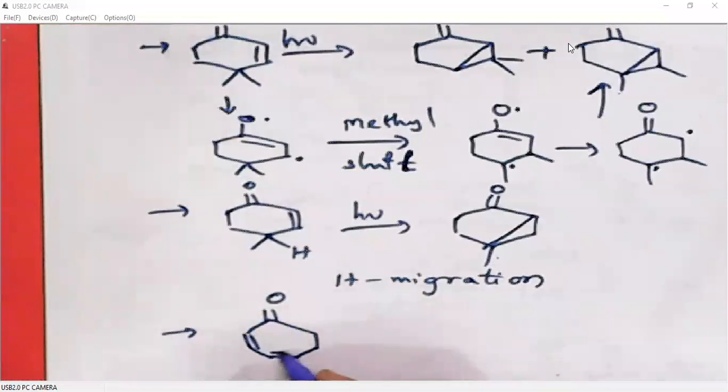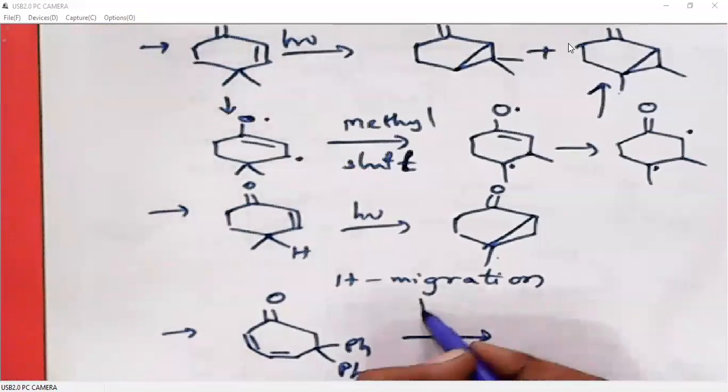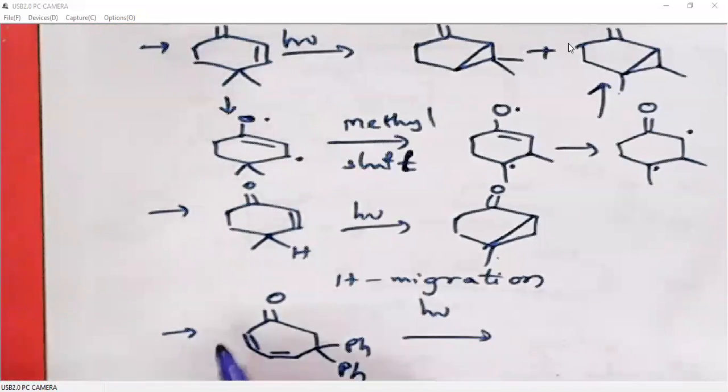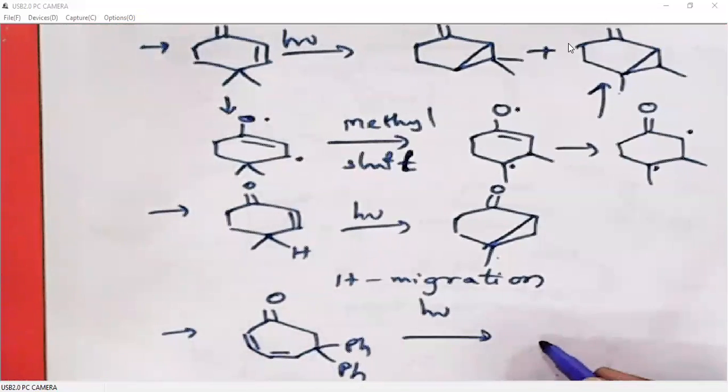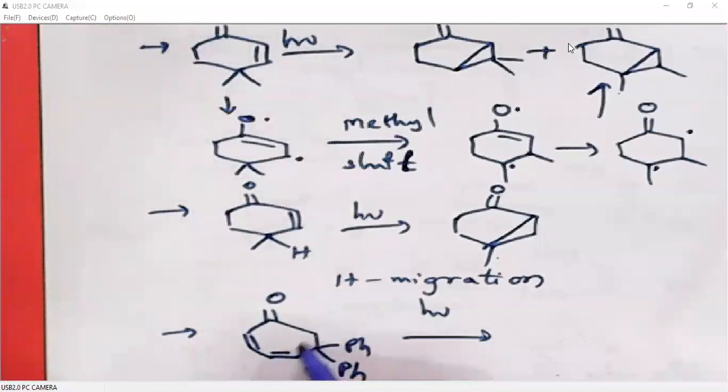And the last example, it is one double bond addition. In the previous case, we have 6-membered ring, so only one double bond. But here we have a 7-membered ring, so we can have 2 double bonds. So these two will undergo same type of reaction. You practice this mechanism. What will happen? We will have a bond here, right?